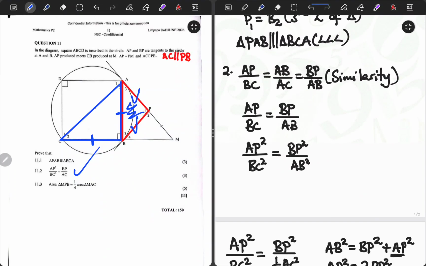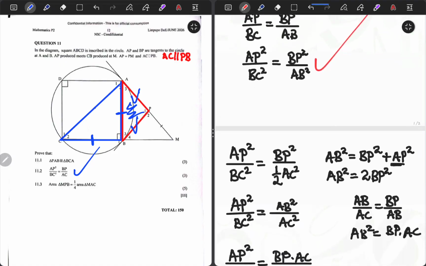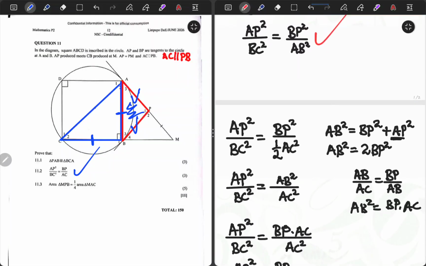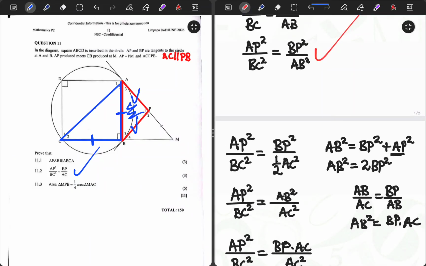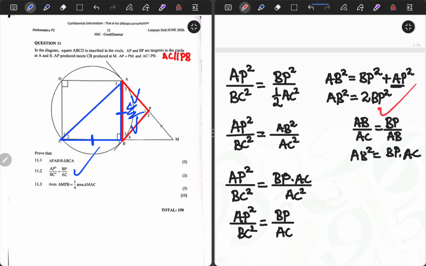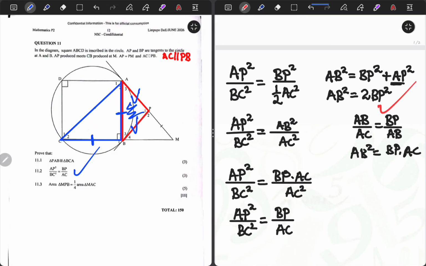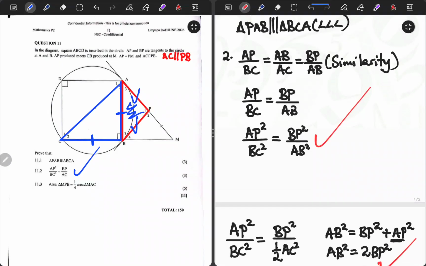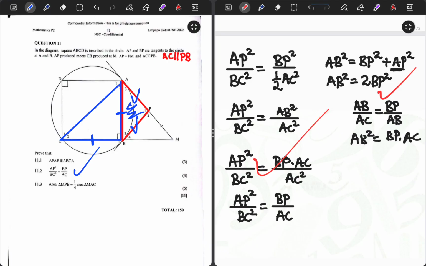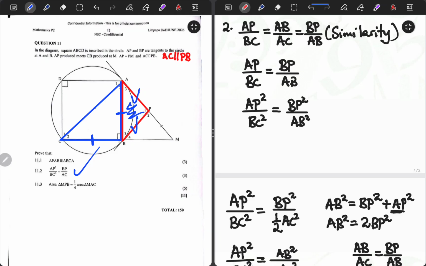So credit here. Credit there. Credit here. That's credit. 3 marks here. But I had to work, guys. You can see I had to work for my 3 marks there.